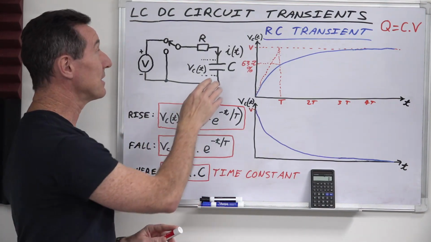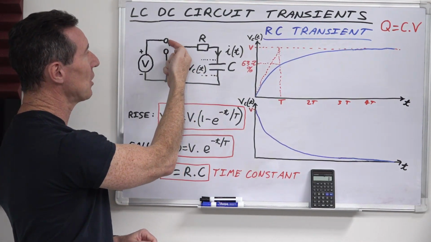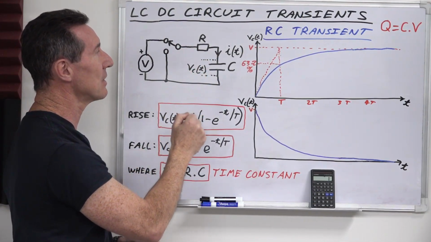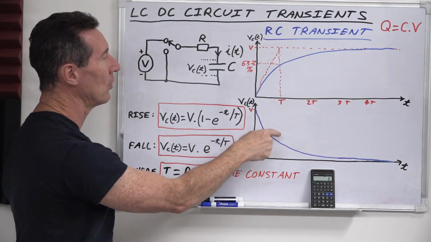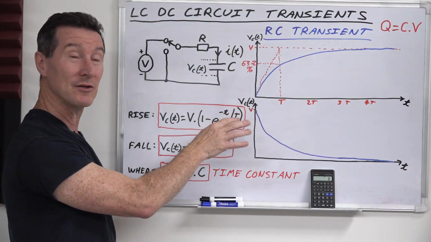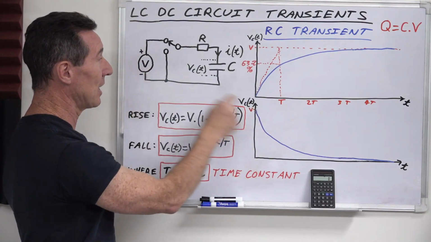So assume our capacitor is fully charged up to 100%. If we now flip the switch over to here, we start discharging the capacitor like this. This is our discharge curve, our fall curve here. And once again, it's VC(t), which is the instantaneous voltage at any point in time. It starts out at V, which is what we charged it up to.